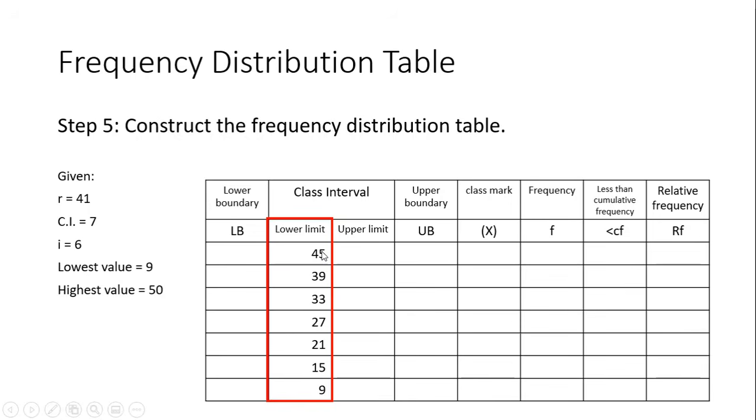And next step is for us now to determine our upper limit. For us to complete the column of upper limit, again, we will start from the bottom. The simplest way for you to get your upper limit is by looking at your lower limit.